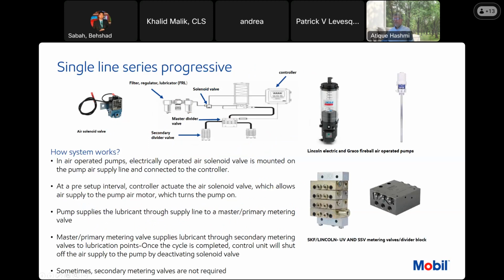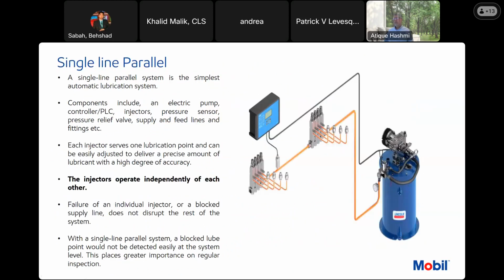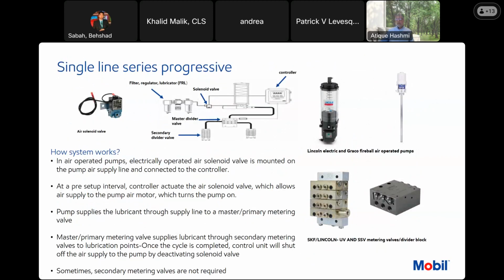Okay, so here I have a lot of information, but I'll try to be very precise. So this is a single line progressive system. And just to explain how it works, one of the main components of the single line progressive is the air solenoid valve.